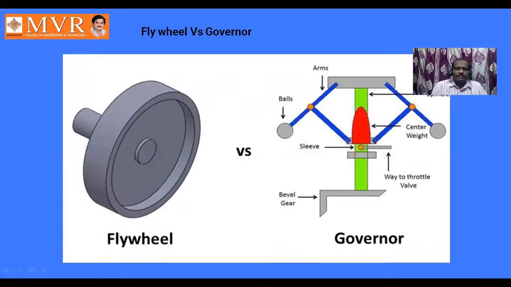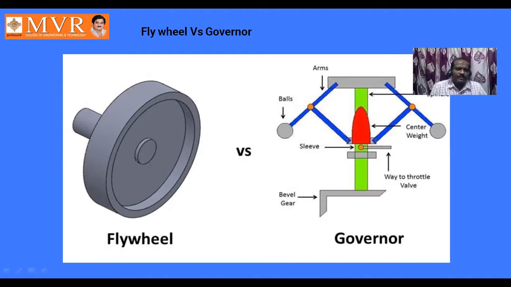As I already told, the aim of the class is to differentiate between the flywheel and the governor. I think you are observing the screen. The left side one is called a flywheel and the right side one is called a governor. In the left side part, the flywheel contains a large mass and it looks like a disc.